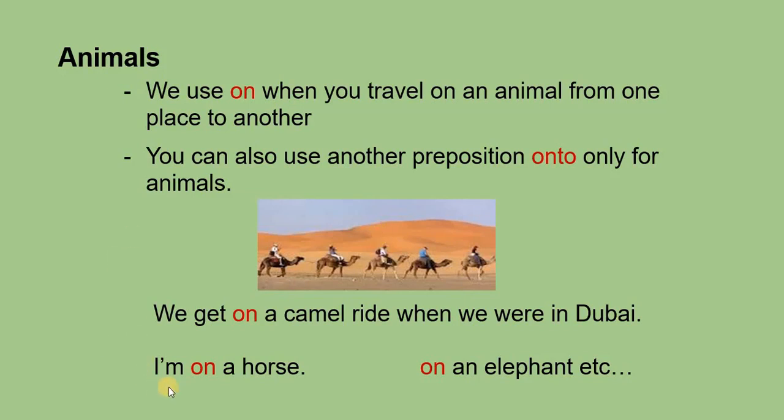So I'm on a horse. I'm on a camel. We get on a camel ride when we were in Dubai. I'm on an elephant. Okay? So you can also use another preposition onto only for animals, not for other vehicles.